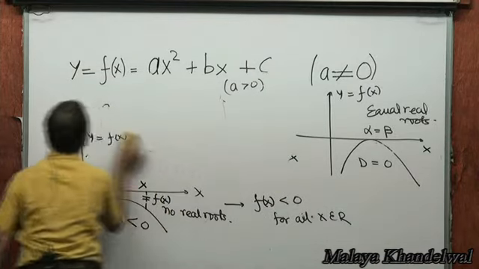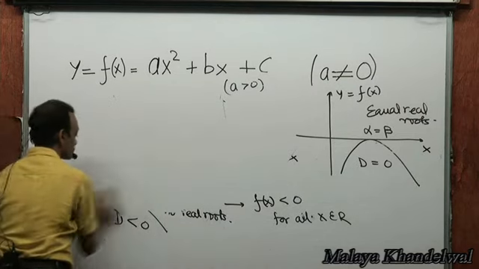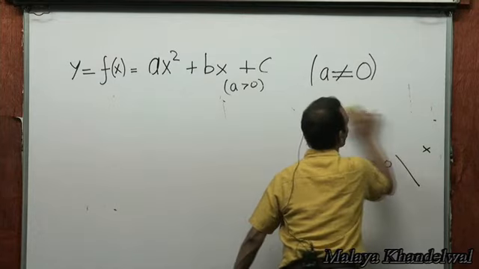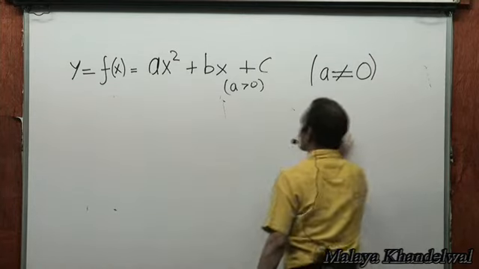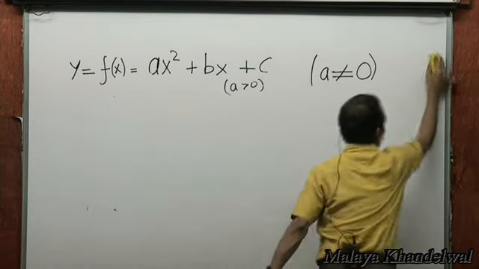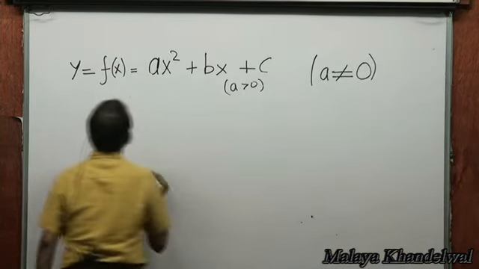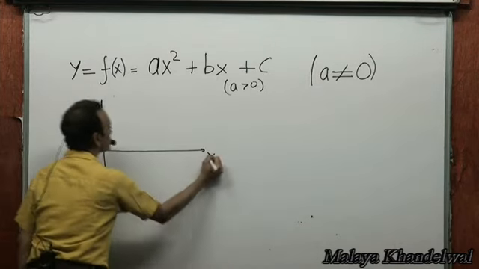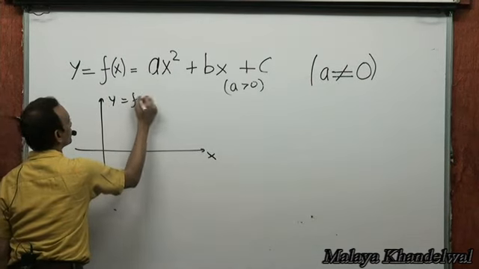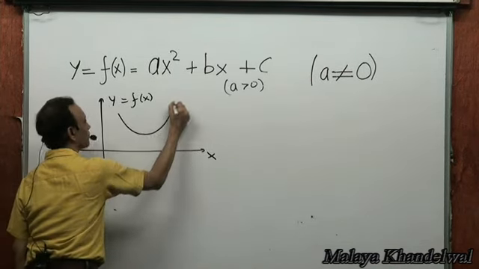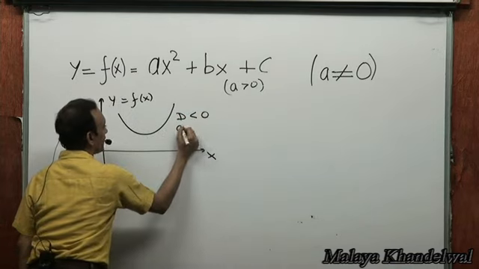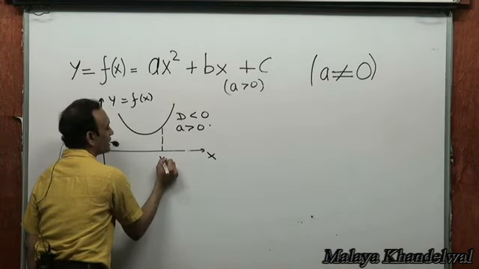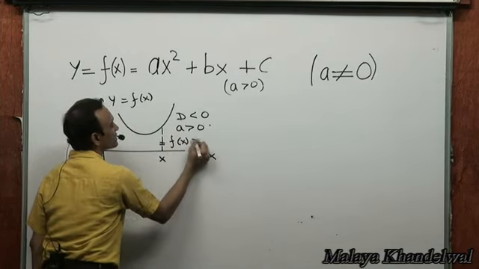Now, the case of no real roots, that means for an upward opening parabola, d less than 0, a greater than 0, and you find that for any given x, f(x) is greater than 0, right?